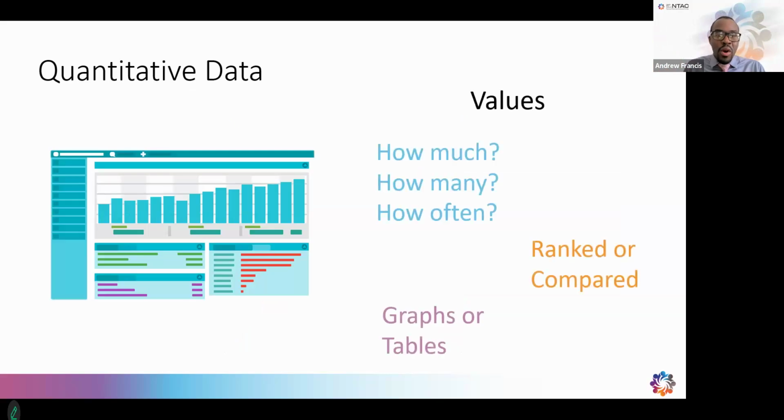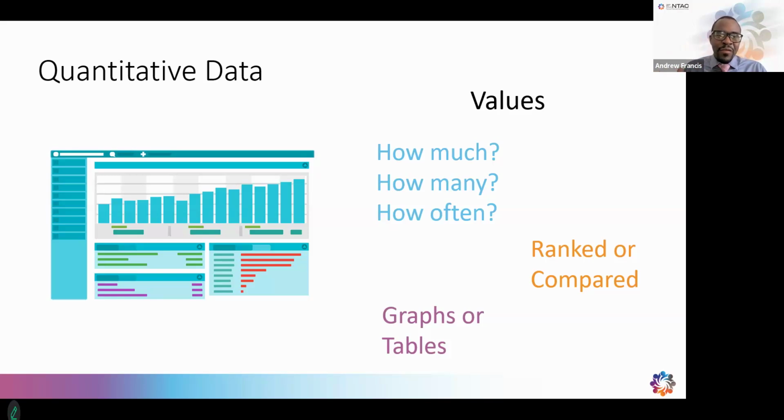Let's talk a little bit more about the quantitative data, right? Because this consists of values that can be expressed in numbers, as I said, in terms of our assessment scores or attendance rates or benchmarks, going back to what has been largely promoted as the GEPAs, the outcomes for your program, right?